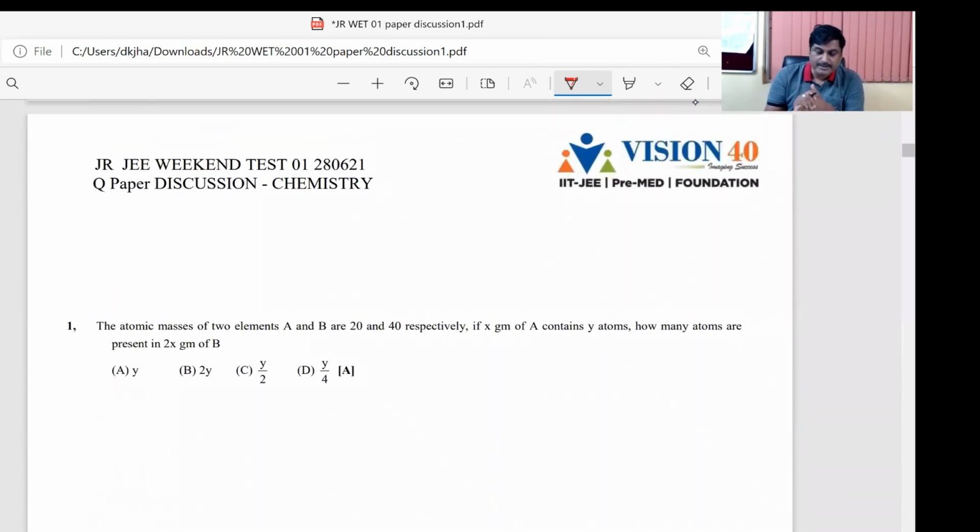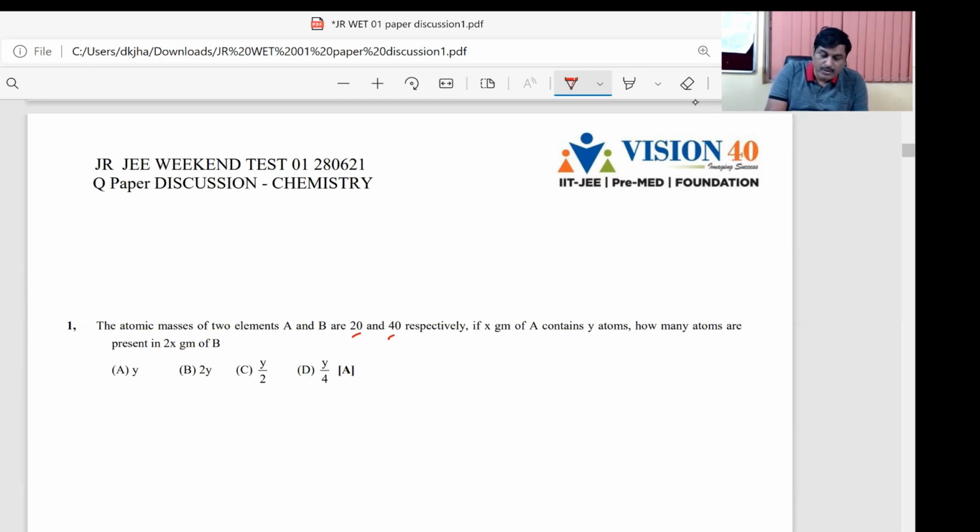Read this one first. The atomic masses of two elements, A and B, are 20 and 40. If X gram of A contains Y atoms, how many atoms are present in 2X gram of B?